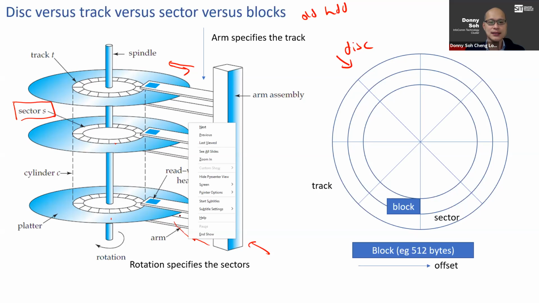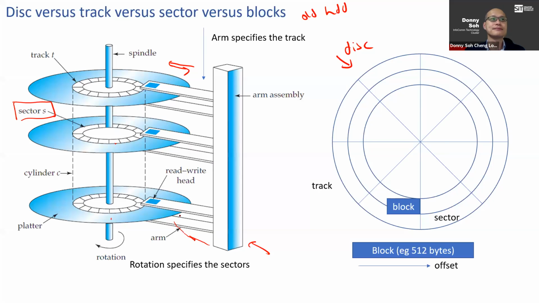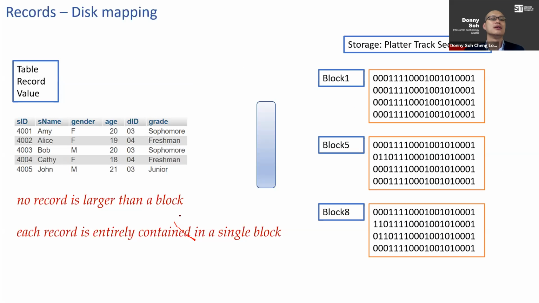Maybe I go through one last slide. The idea is to have a conceptual sense of how data is stored onto hard disk. We're going to have a few assumptions here.